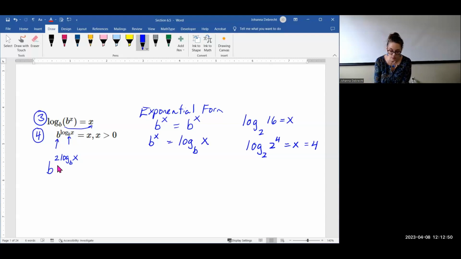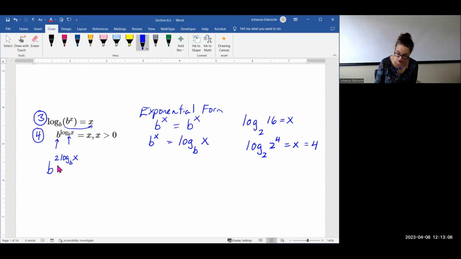So this one right here says, I'm raising b to some power and I'm getting x. What is that power I raised b to get that particular thing? And the answer, of course, is just x. So this gives us our result here.